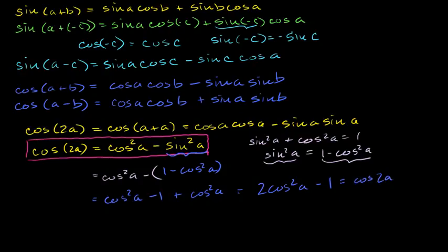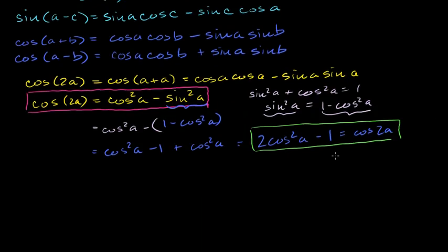Now what if I wanted to get an identity that gave me what cosine squared of a is in terms of this? So we could just solve for that. This is one of our other identities. If we add 1 to both sides of that equation, we get 2 times the cosine squared of a is equal to cosine of 2a plus 1.